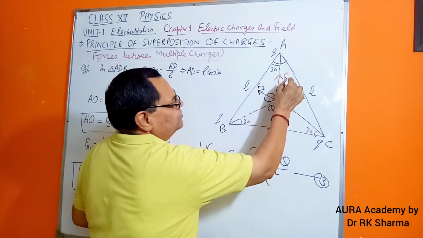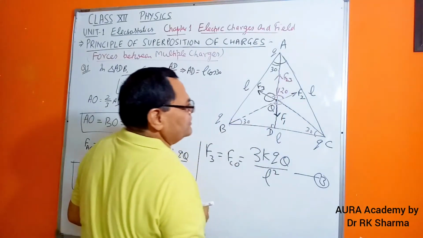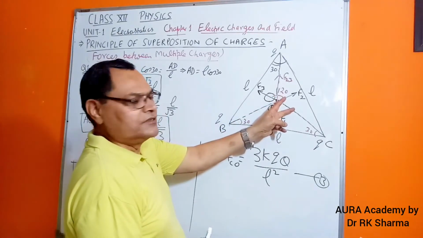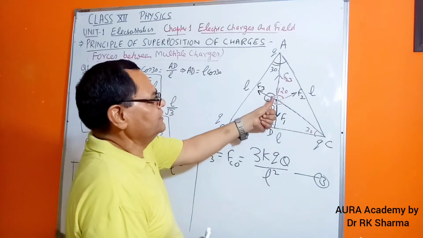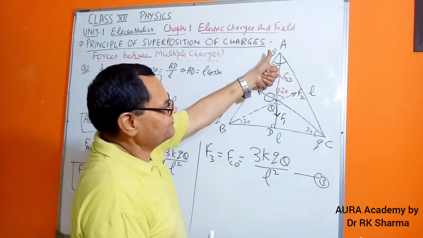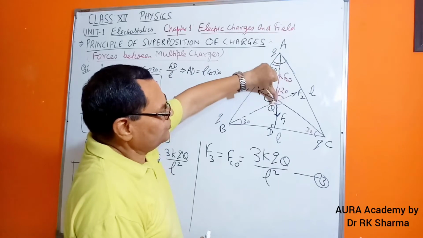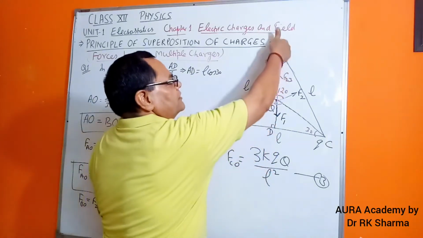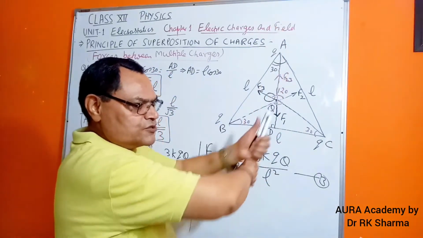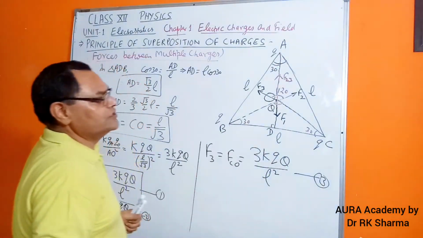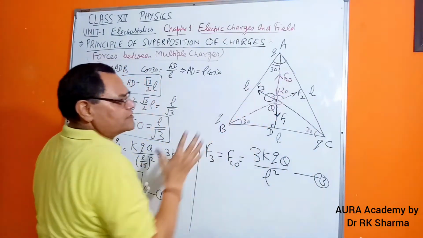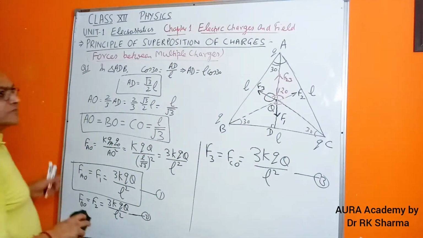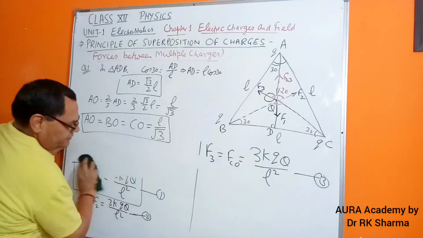You will be surprised: the resultant force of F2 and F3 will act upward, and this force will be equal to F1. F1 is acting downward and the resultant F23 is acting upward. If they are equal and opposite, they will cancel each other, so the net force at the central point O will be 0. But let's see. Very interesting, please try to understand.